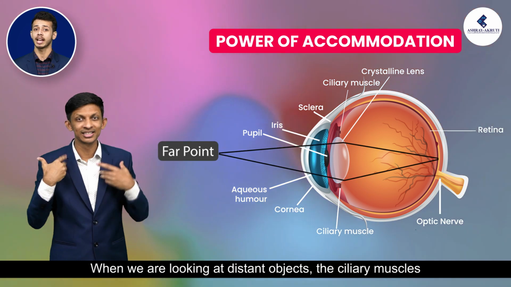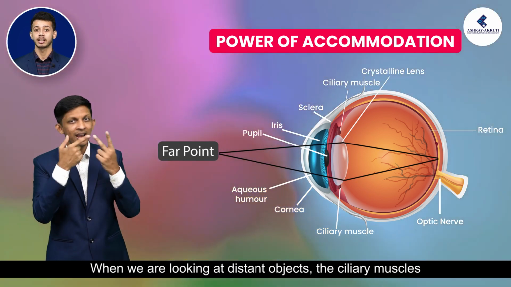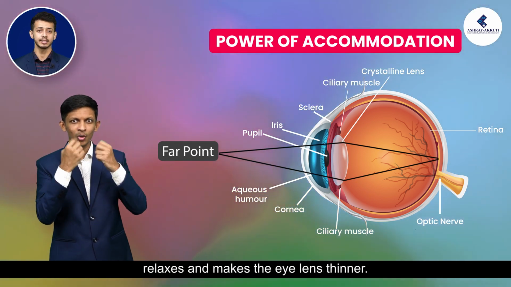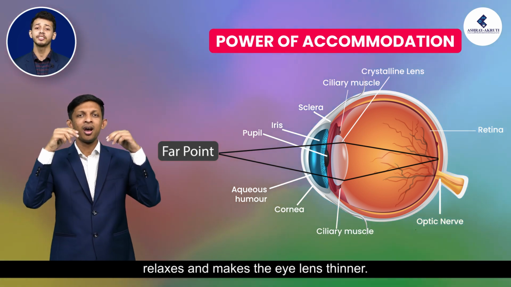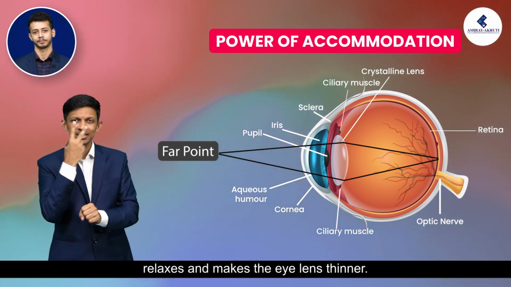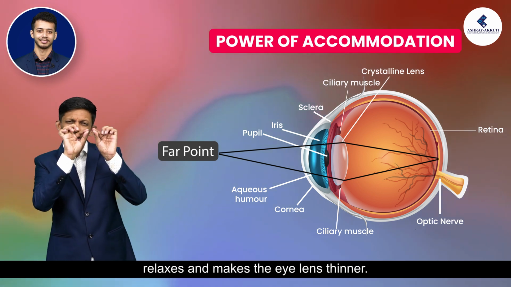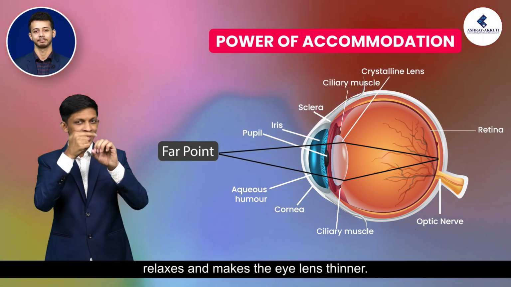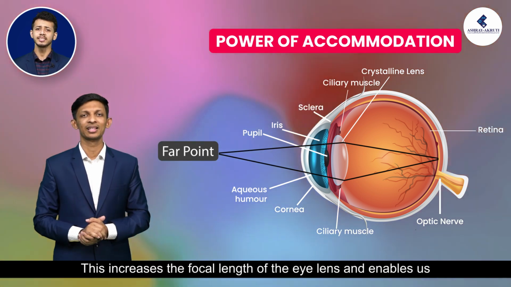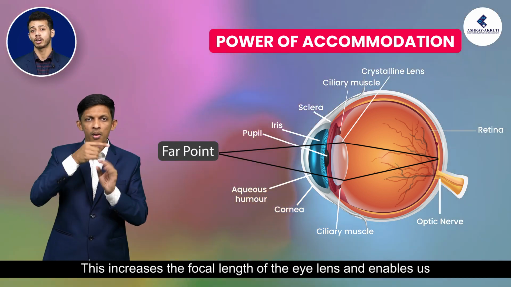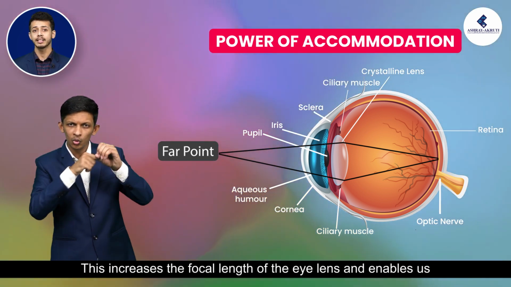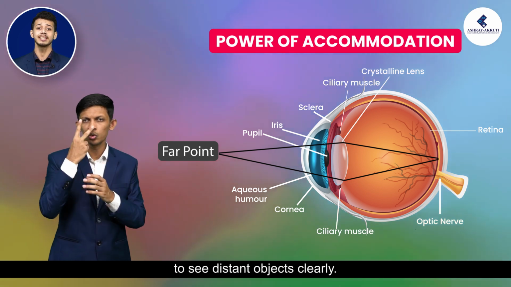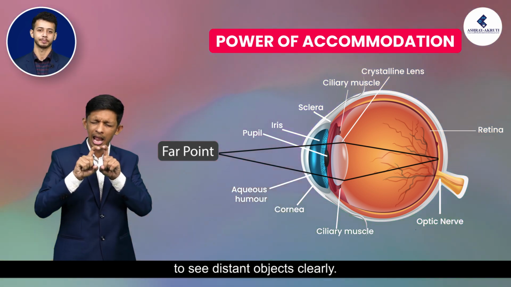When we are looking at distant objects, the ciliary muscles relax and make the eye lens thinner. This increases the focal length of the eye lens and enables us to see distant objects clearly.